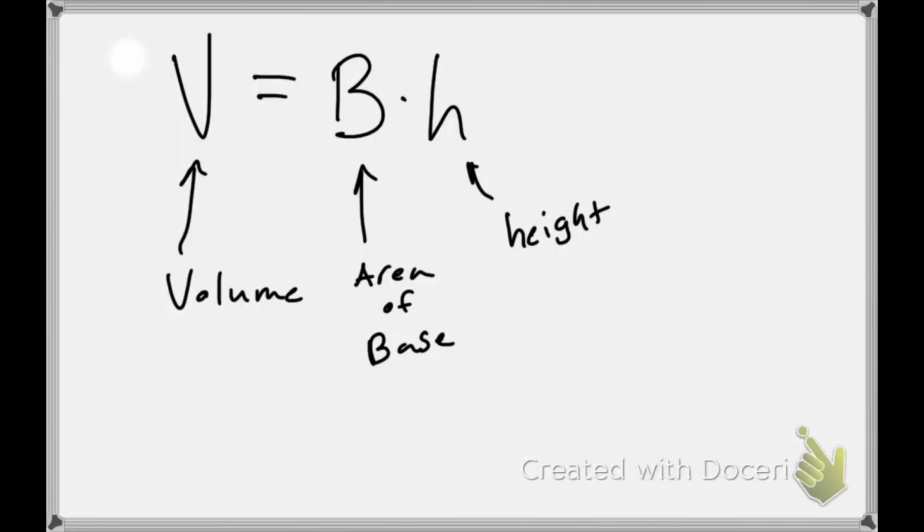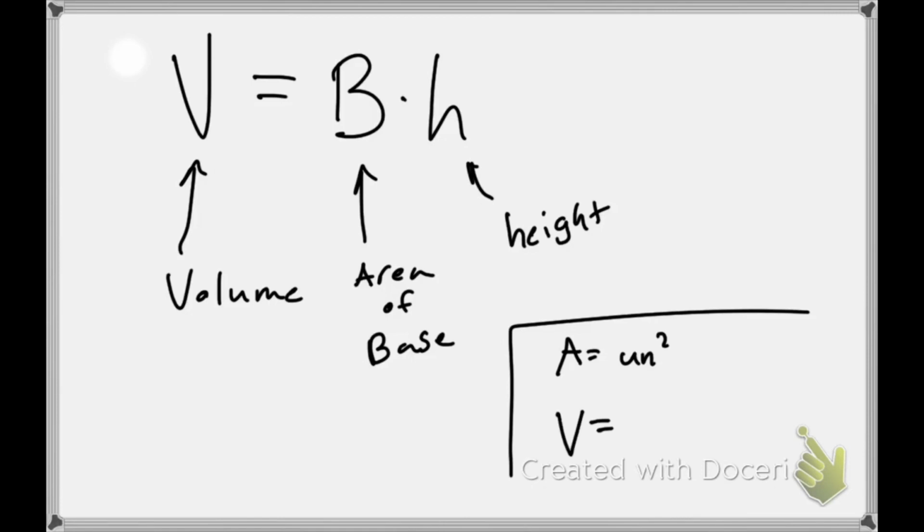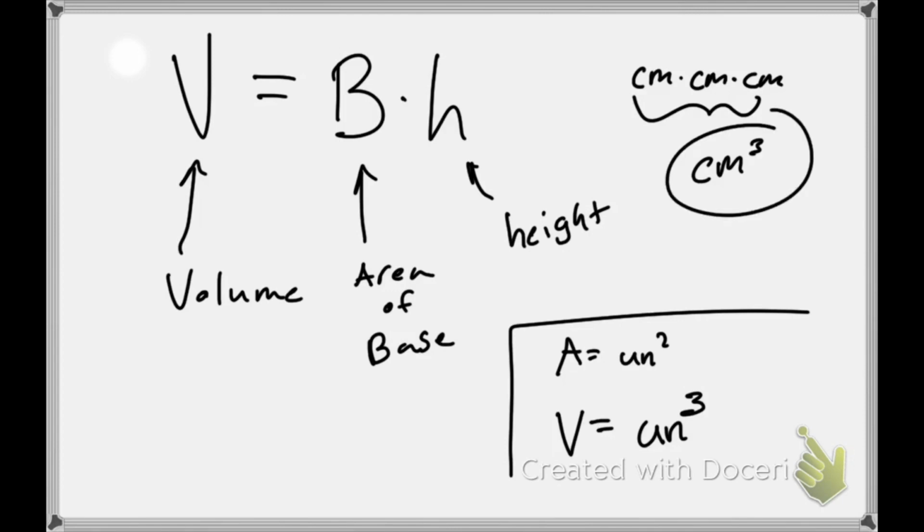The other thing we got to make sure of is that where area is in units squared, the volume is always going to be in units cubed. So the power of 3 here. We're going to cube our units. The reason for that is because when we're multiplying everything together, we'll have centimeters times centimeters times centimeters. We do it 3 times, so we'll have centimeters cubed.